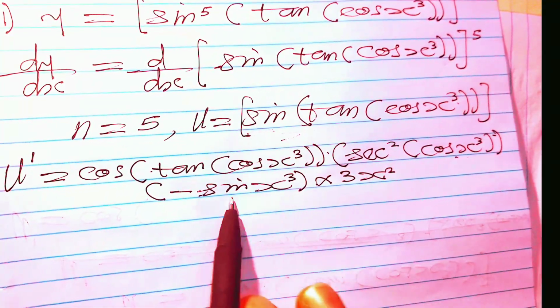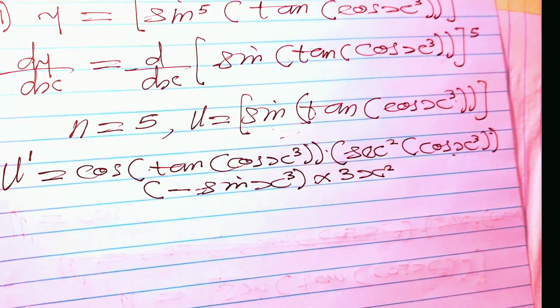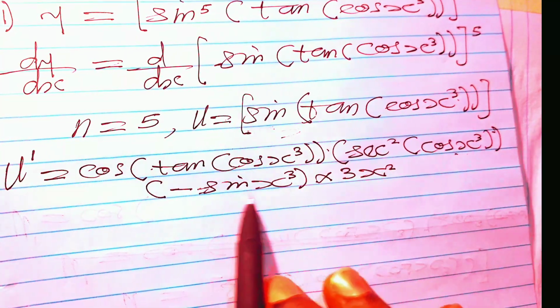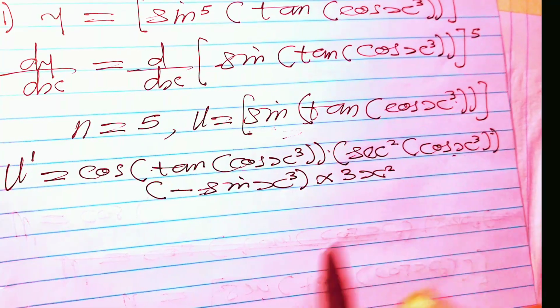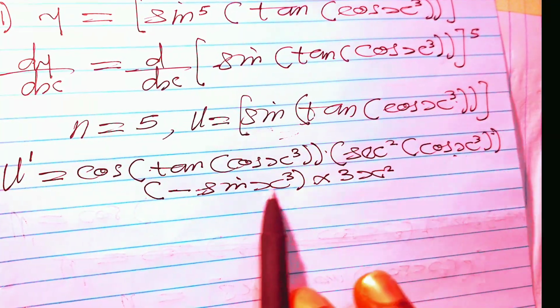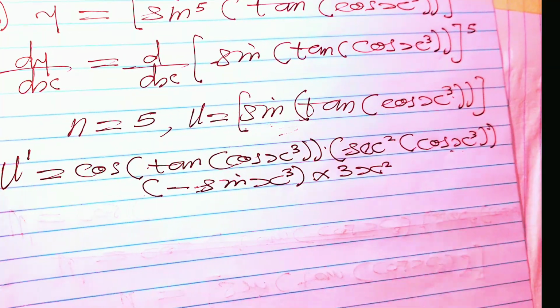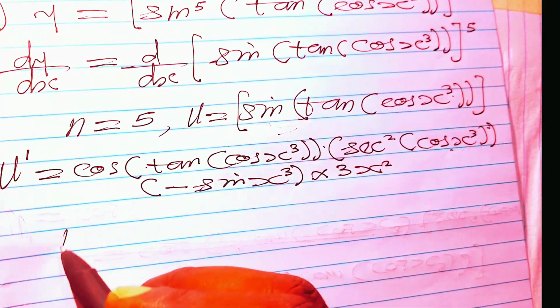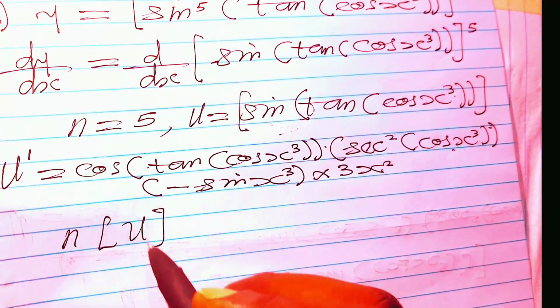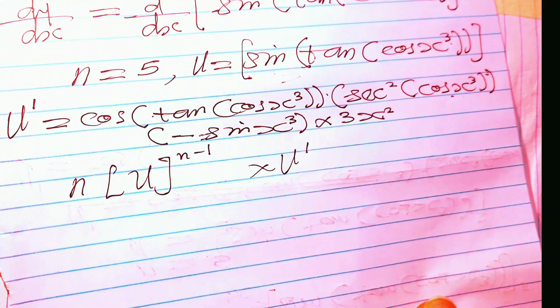For this one, you need to use another chain rule. Differentiating cos x cubed has to be negative sine x cubed multiplied by the derivative of x cubed, which is 3x squared. Then our chain rule can be applied. The chain rule says n times u raised to the power n minus 1 times the derivative of u.